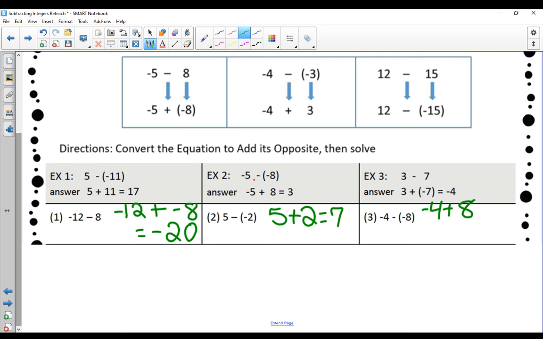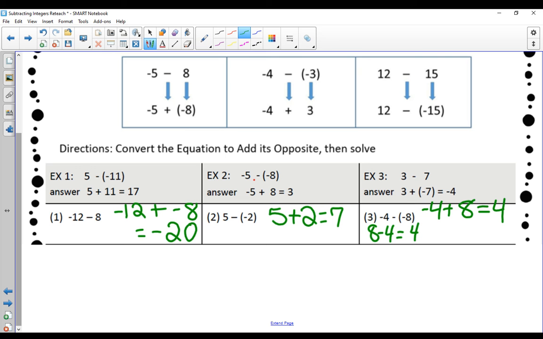Is it my negative 4 or my 8? And looking at this, I can see that 8 is farther away from 0. So how I'm going to set this up now is like over here. I'm going to do 8 minus 4, which then equals 4. So my answer to negative 4 plus 8 is 4.